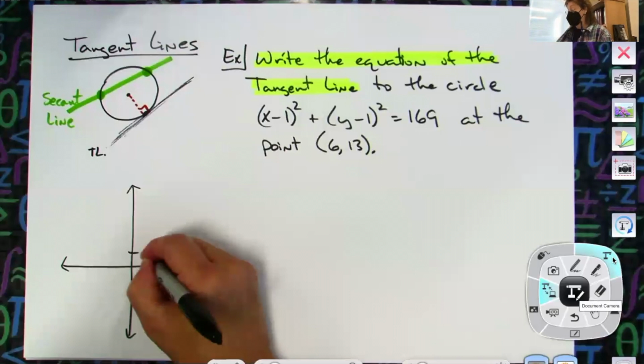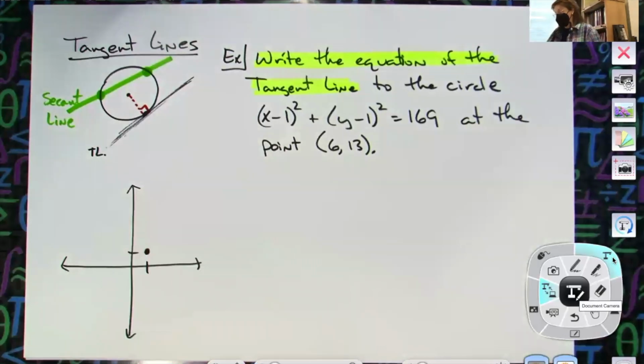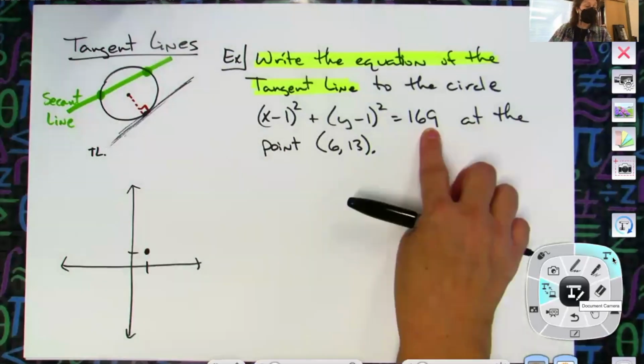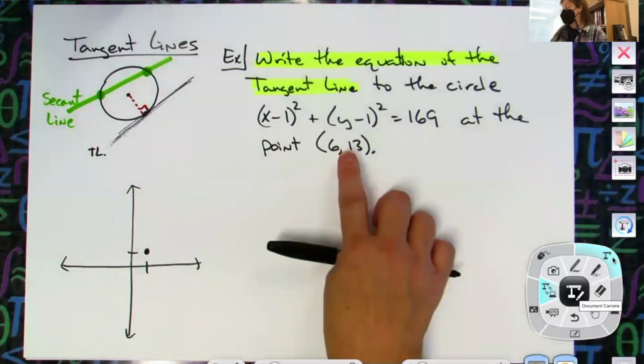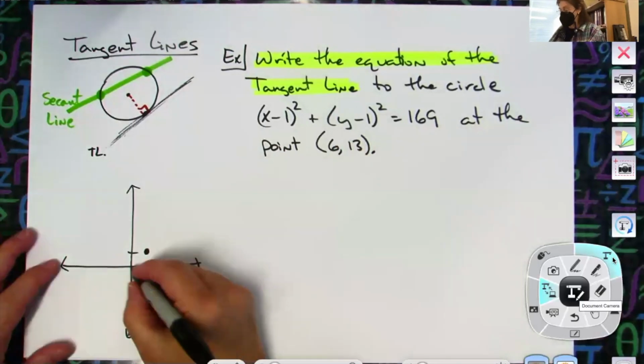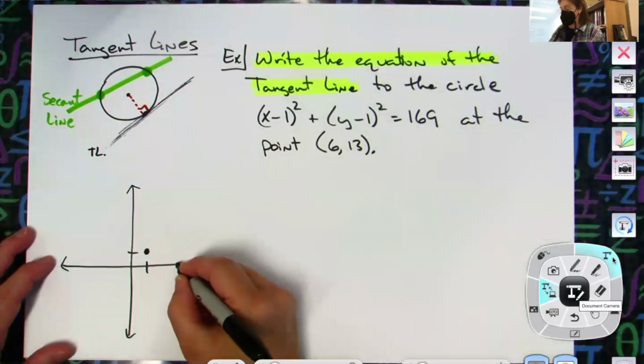Like I said, I'm not going to draw this really accurate. My radius is 13. And obviously this point has to land on the circle, and it does because right there's your 13. So (6, 13). I'm just going to do a rough estimate. Let's say this is out about 6.